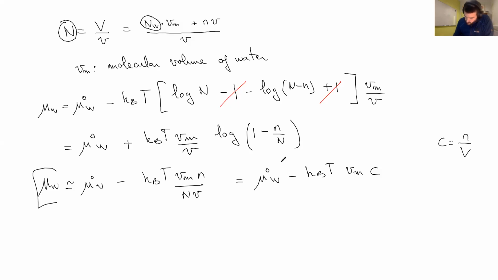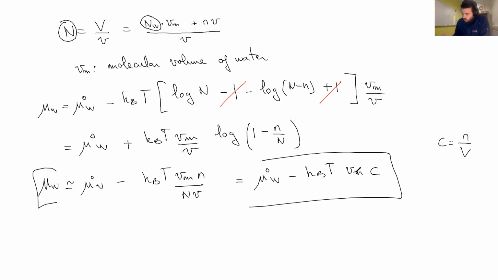So you end up with the chemical potential of water, which is simply the pure chemical potential. But now that you have oil droplets inside, you have a correction, which is basically a van't Hoff correction, or ideal gas correction. You have kBT times a concentration, which is the concentration of droplets. And then to make it an energy, there is the molecular volume of water that has been removed each time an oil droplet is present. All right?